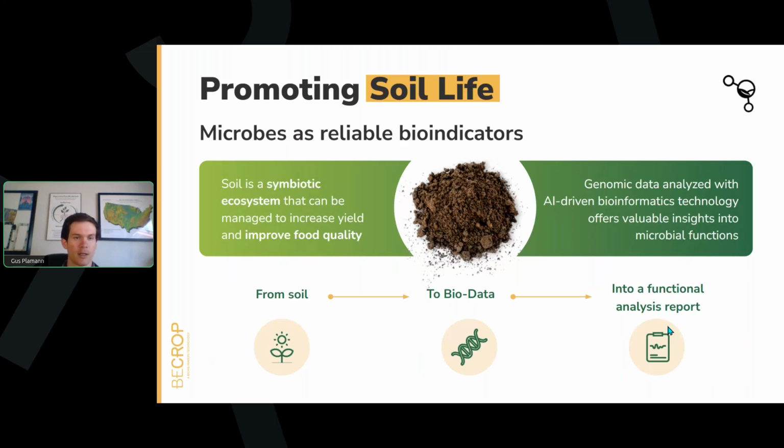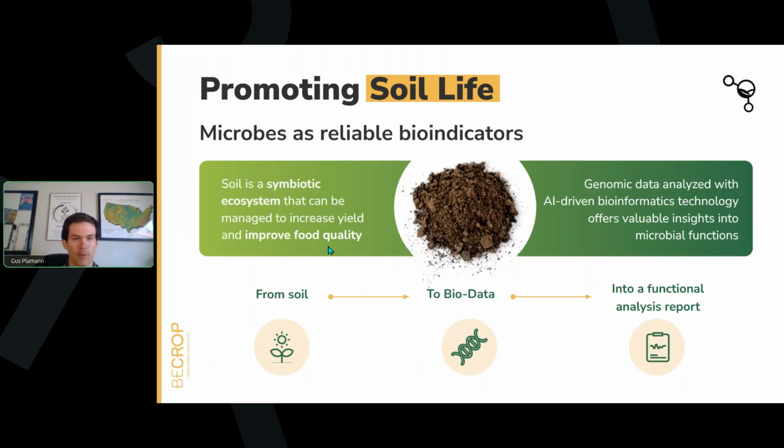There's also a massive ecosystem of soil microbes, potentially millions to billions of cells of bacteria, fungi, other microorganisms in just a spoonful of soil. So that symbiotic ecosystem, while we can't necessarily see it, really does have a significant impact. There's a lot of research that's come out over the last 10, 15 years on the influence that the soil microbiome has on food quality, on farm management.